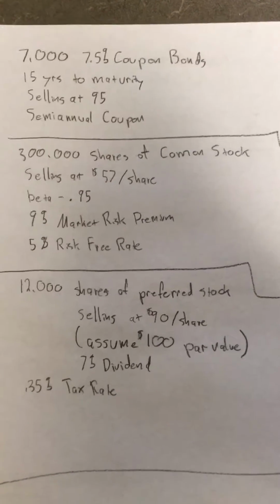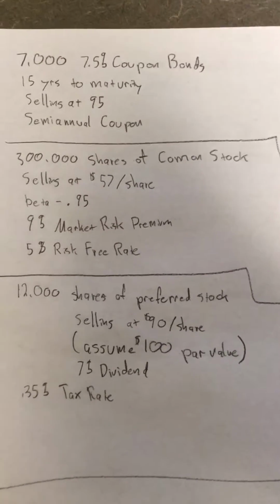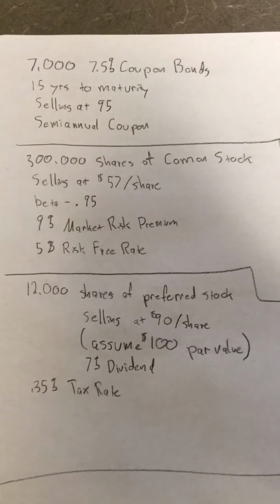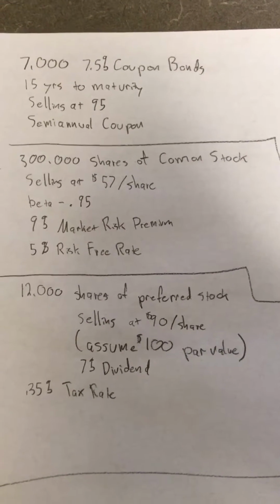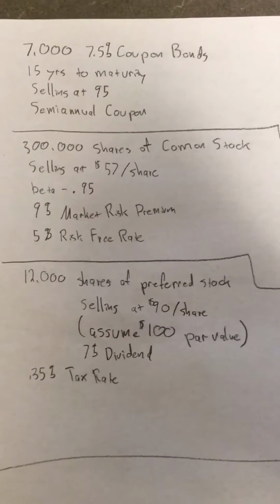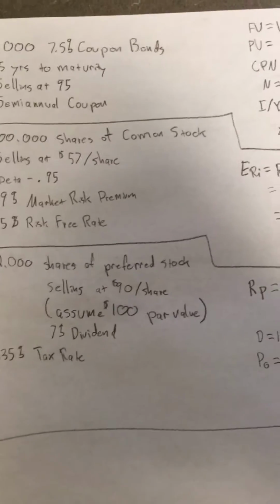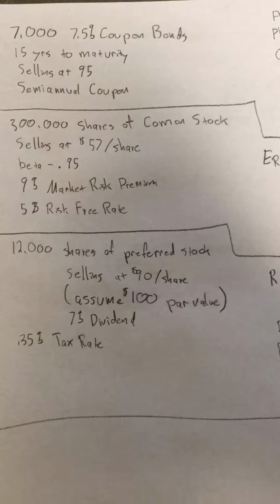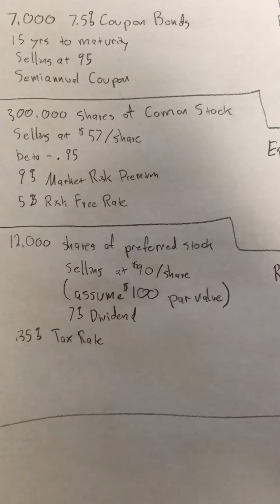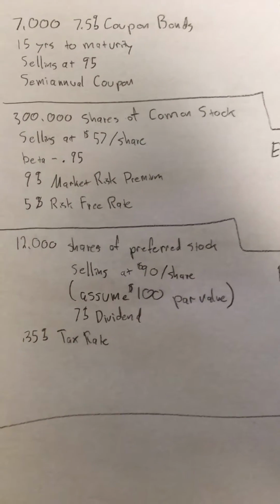So at the very top we have the bond information: 7,000 7.5% coupon bonds, 15 years to maturity, selling at 95% of par with a semi-annual coupon. We have 300,000 shares of common stock, selling at $57 per share with a beta of 0.95.